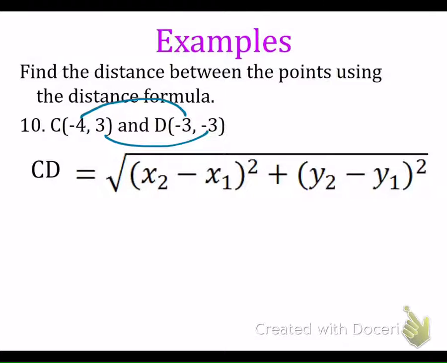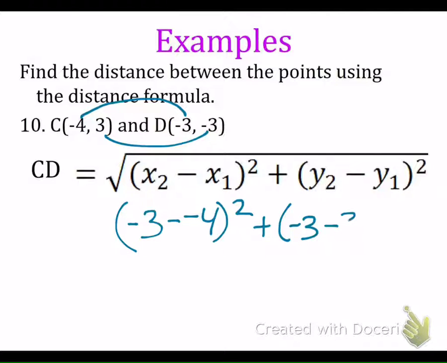So the formula says the second x, so negative 3, minus the first x, square it, the second y, minus the first y, square it, and take the square root.